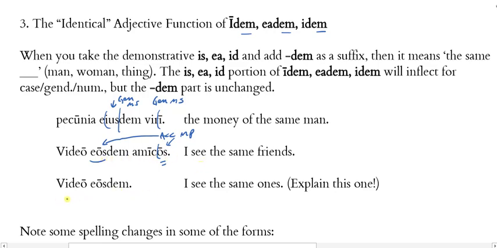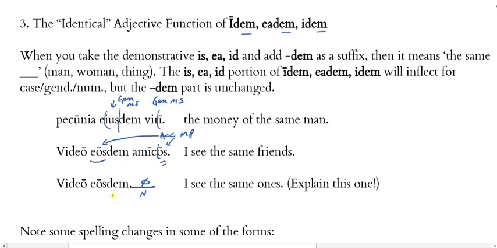All right, and then look at this last one. Video eosdem. I see the same. Notice that the noun is unstated. So these forms of same are functioning like adjectives. Okay, they're what I like to call the identical adjective because they're drawing an identity relationship. The same man means the identical man.